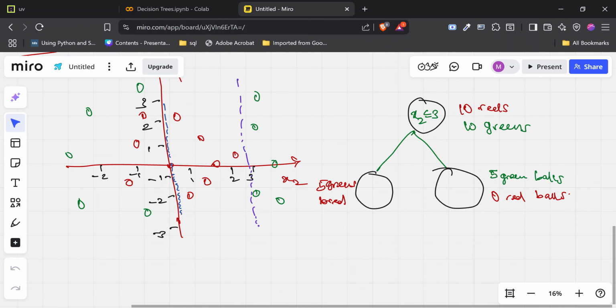So we are going to come here and say split this into 2 further, and the split decision is going to be x2 less than or equals to 0. So all of the force will be on this side.